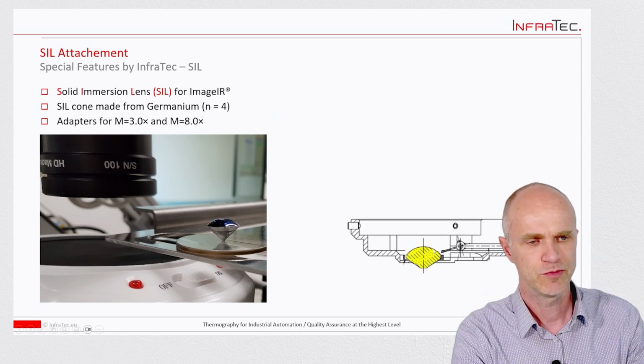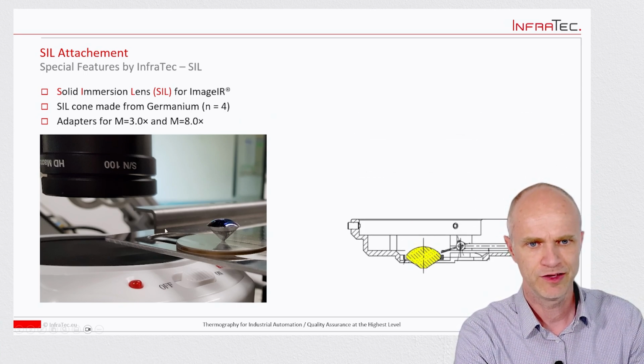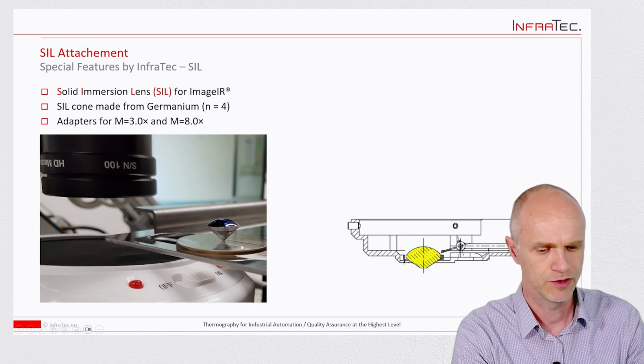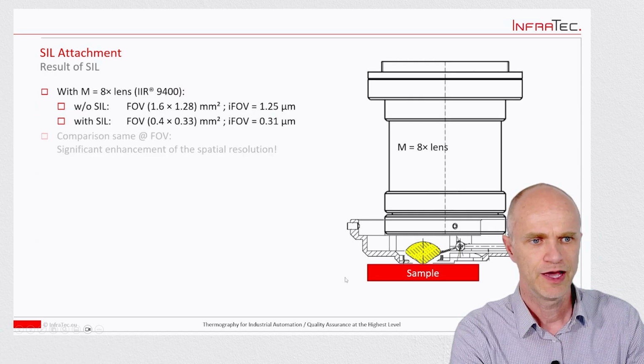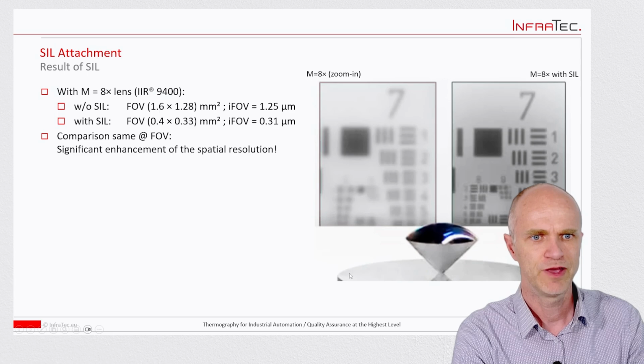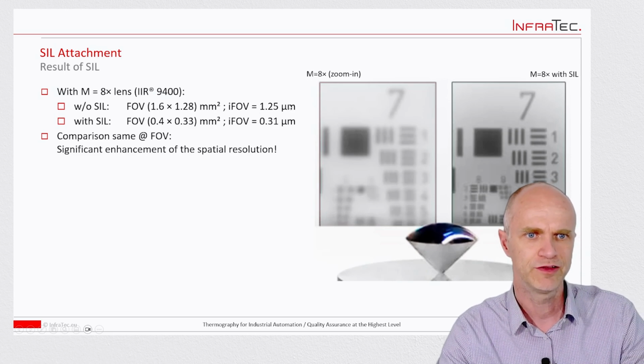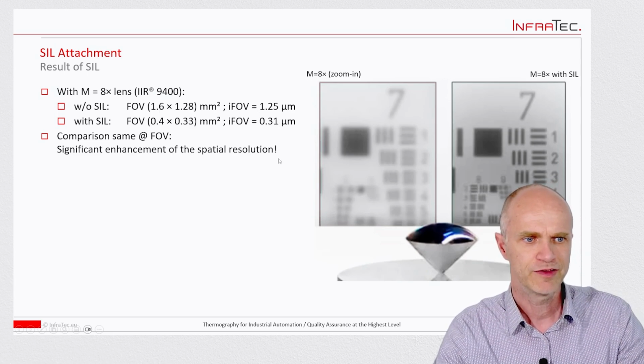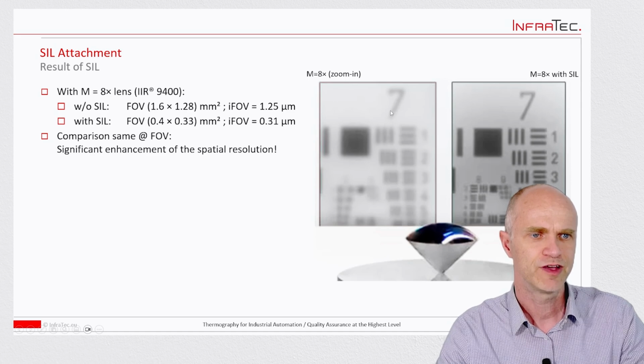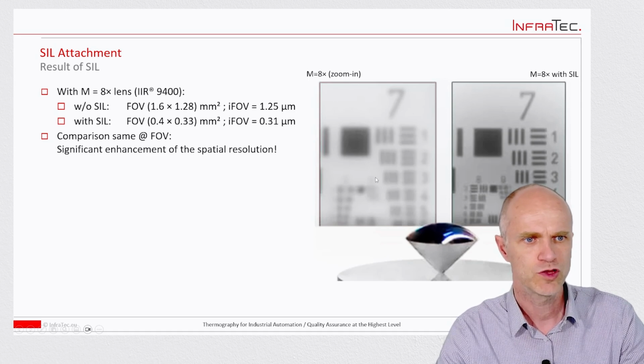This solid immersion lens will be placed directly here on the substrate, on the sample. And finally, it makes the smallest pixel 4 times better. So you see on the left side here, the resolution without the solid immersion lens, and here with the solid immersion lens.